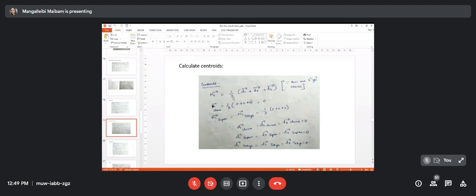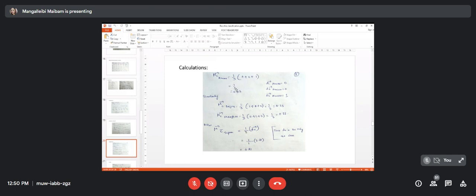For all these three, Chinese we got 0. Similarly for Japan and Tokyo, in the same way: for Japan in D1, D2, D3. Like this, for all the terms we have to find.